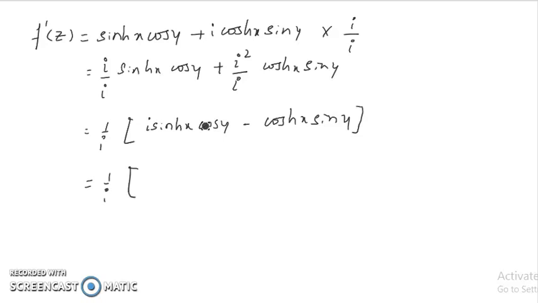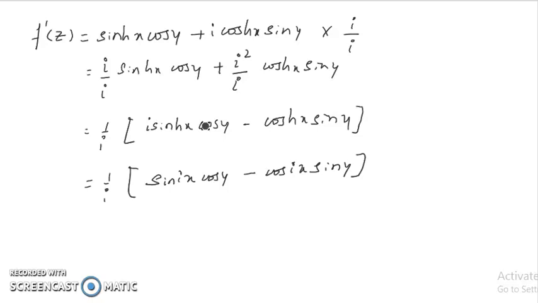Again, i sinh x is nothing but sin ix, cos y, minus cosh x is nothing but cos ix, sin y.